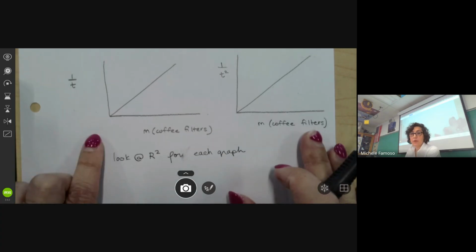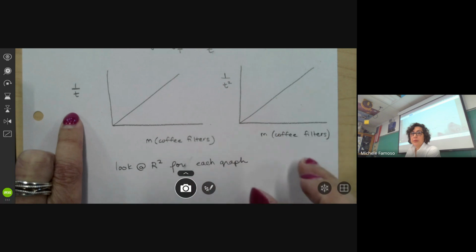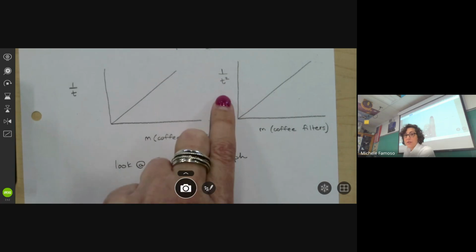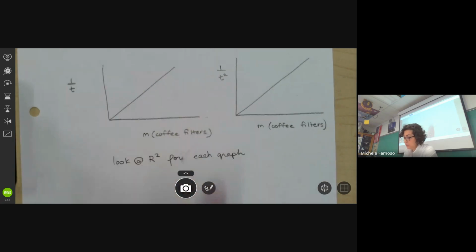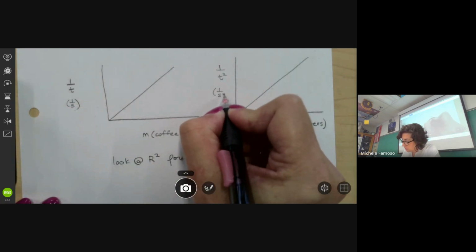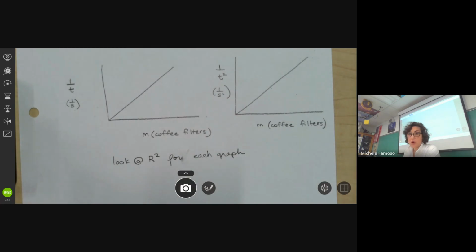You have to plot both: 1 over time, which would be basically the speed, or 1 over time squared, which would be the speed squared. So this is 1 over seconds, this is 1 over seconds squared, and these are in terms of coffee filters. You're going to just add your diagonal lines.